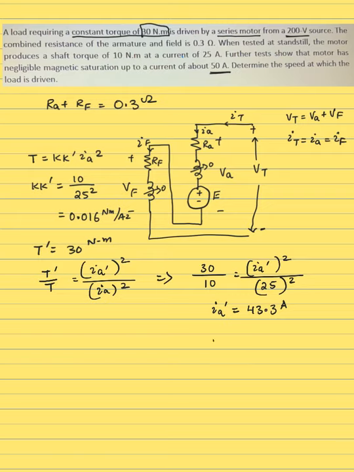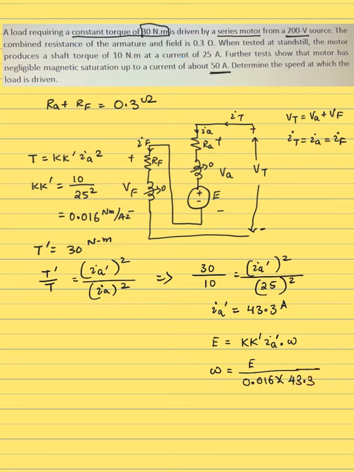Another equation for the DC series motor is E equals K prime IA times omega. So we're looking for speed. We can say that omega is going to be E divided by K prime, which is 0.016, multiplied by the IA prime, which was calculated as 43.3, and it is below 50, so we're good.